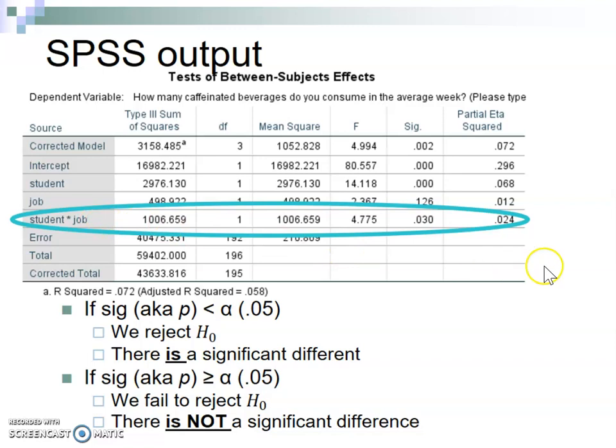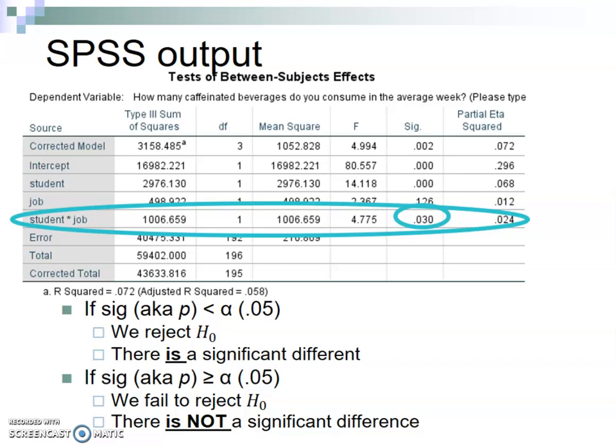Again, just like before, we're going to look to that SIG column to interpret the analysis. The same rules apply here as they do really in every analysis. We're going to compare that SIG column, which is our p-value, to our alpha level. Our default alpha level is 0.05, so if we weren't given an alpha level, we could just go ahead and assume that the alpha level we're going to use is 0.05.